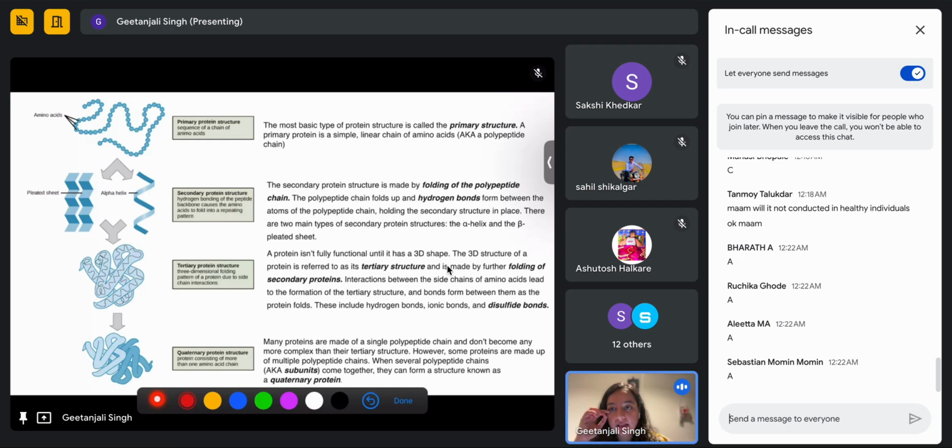The secondary structure is generally made up of hydrogen bonds, like the alpha helix or the beta pleated sheet structure. The CO from one peptide bond forms a hydrogen bond with the NH of the one lying below it. That forms the alpha helix, and in sheets you can see they form this kind of structure. That's again secondary structure.